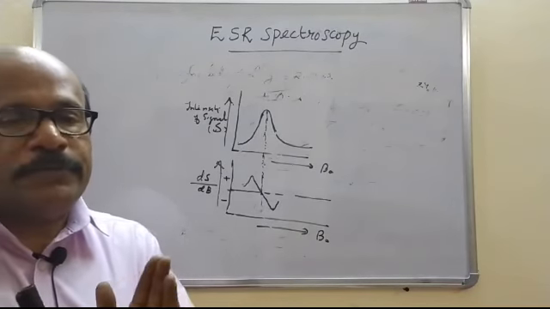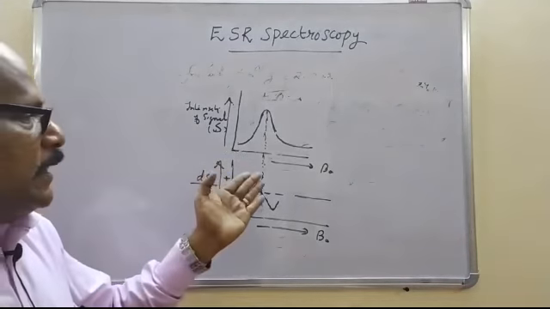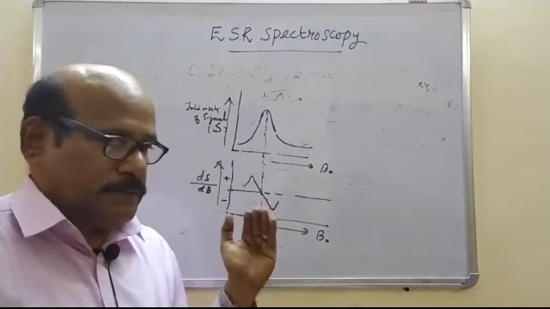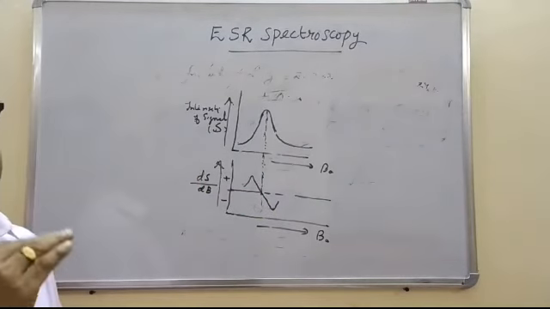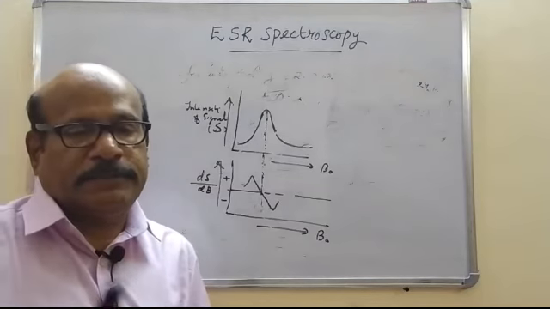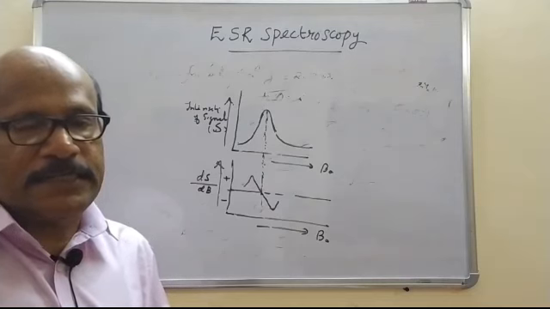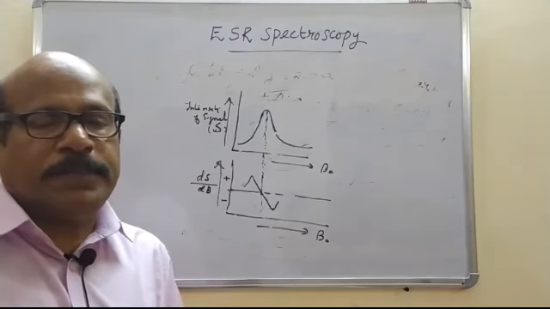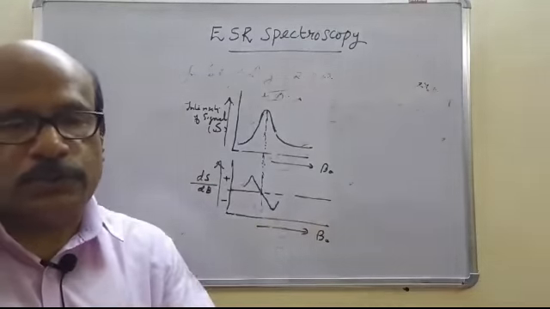So the number of unpaired electrons in an unknown sample under the area of a particular ESR peak can be obtained by comparison with a standard curve whose number of unpaired electrons per gram is known.